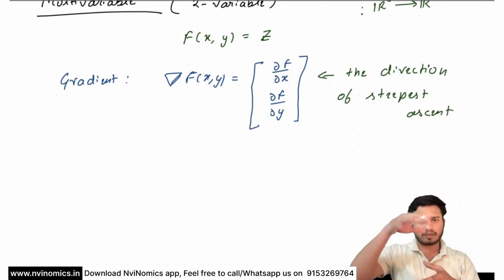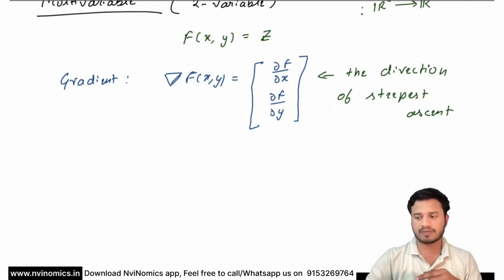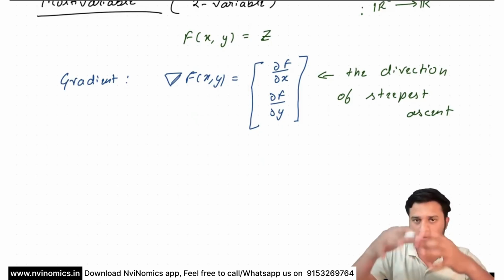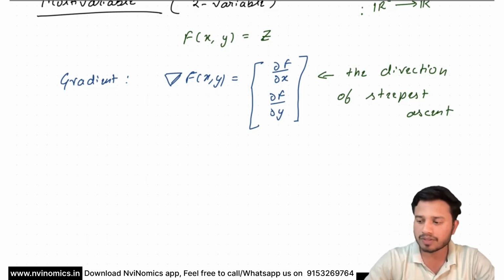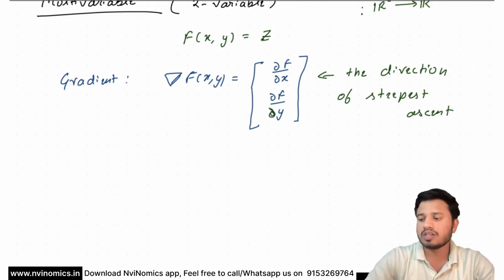Suppose you are on a point on a mountain. The gradient will tell you, on your foot. Because f(x, y) equals z, it will be a 3D mountain or a 3D curve. And clearly this gradient is something of two variables, it is in R2, right?